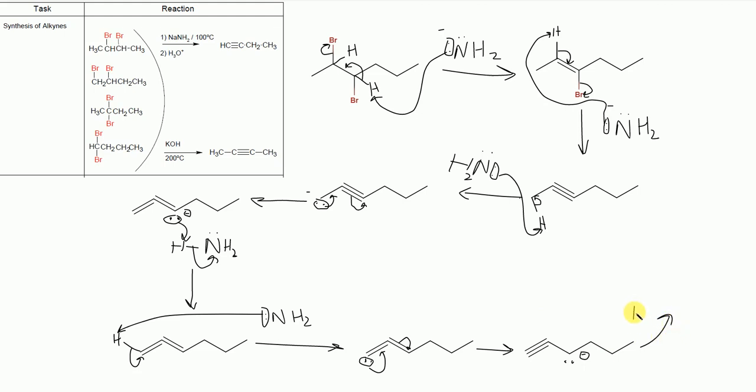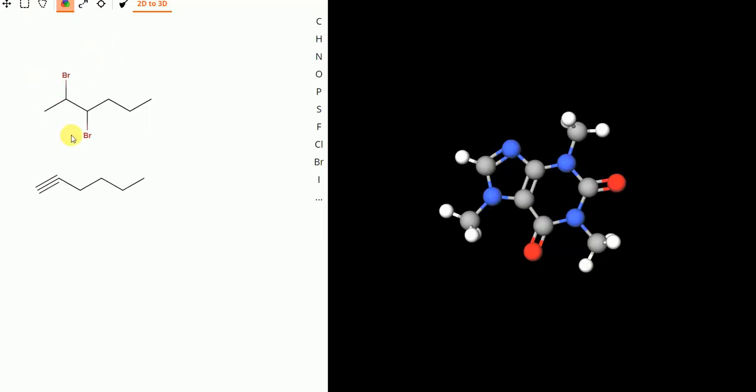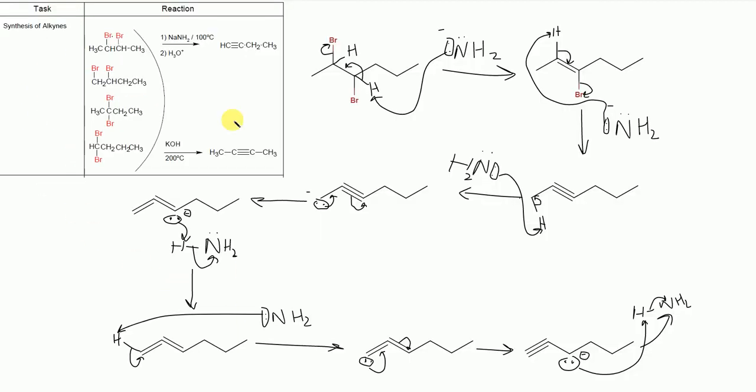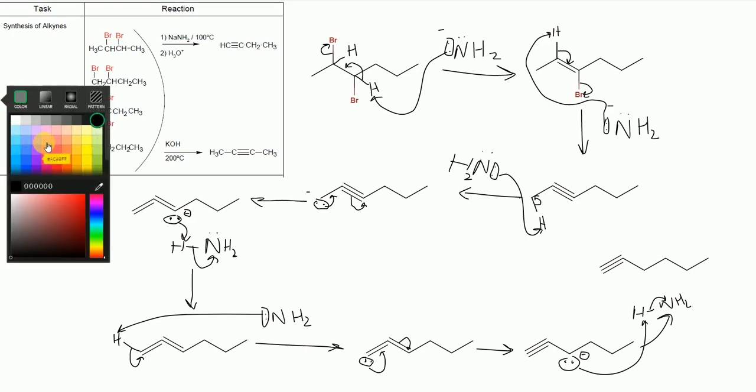It's going to protonate from the NH3. Sorry, I'm running out of space, but this is going to protonate, and we're going to get what we want. We're going to get the terminal one. So I'm going to paste this again, and it's going to be neutral now. So this is the one that we're going to get. So I'm going to put this in red.